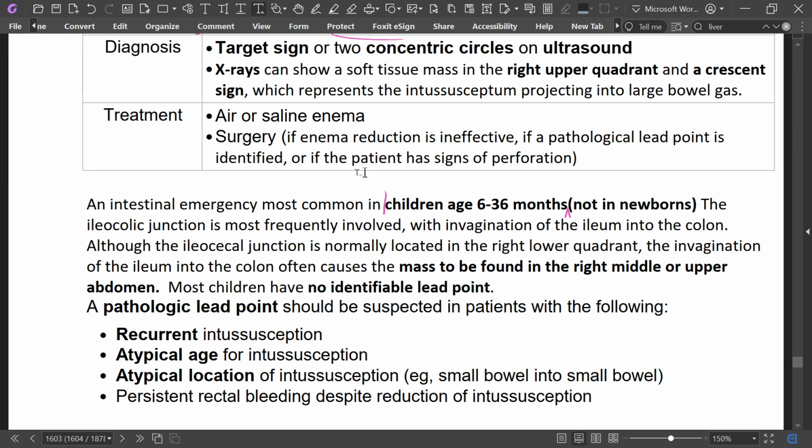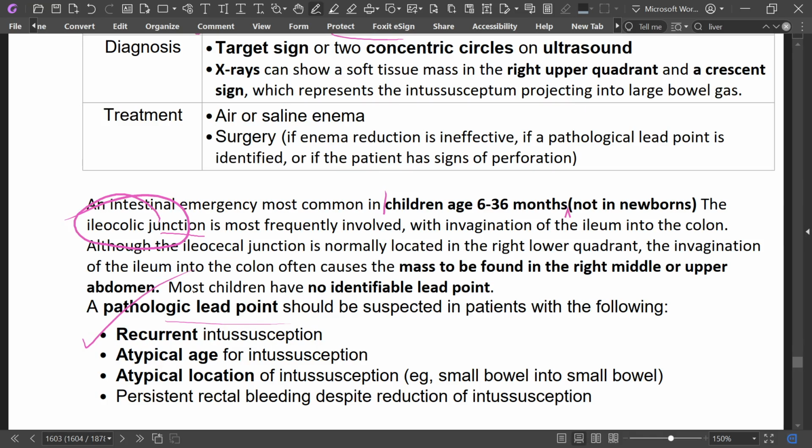The ileocolic junction is most frequently involved. Although the ileocolic junction is normally located in the right lower quadrant, the invasion of the ileum into the colon often causes the mass to be found in the right middle and upper abdomen.